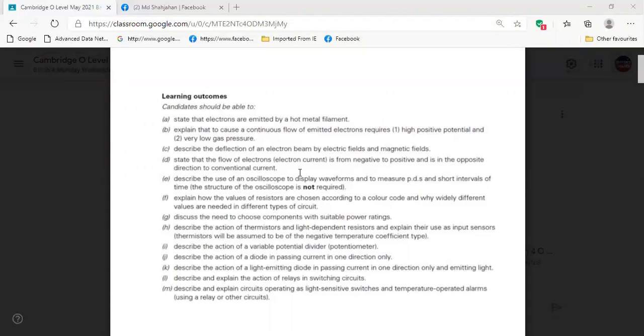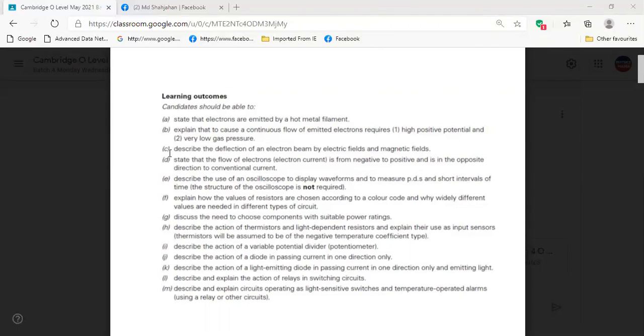You know this from class 9. Some students also get it in class 7, in the basic electricity part, like circuits. A little bit they get the idea.